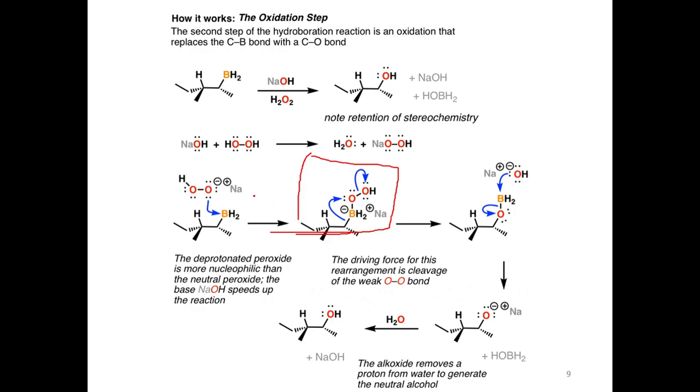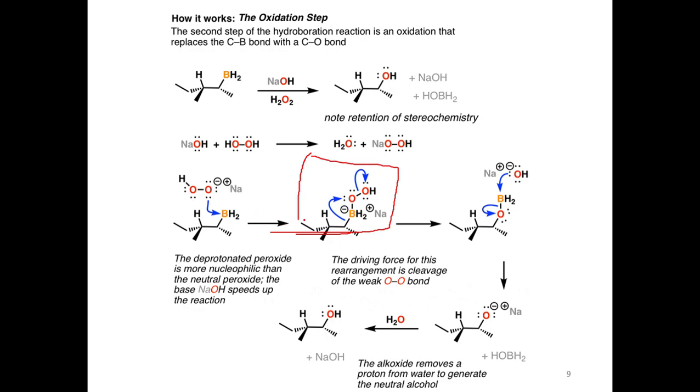Why are we using sodium hydroxide here? Because it gives a deprotonated peroxide. A deprotonated peroxide is more nucleophilic and more reactive compared to the neutral peroxide, and the base NaOH is speeding up the reaction. That's why we are using NaOH here. Sodium is just a counter cation, and OOH will attack over here to give this intermediate.